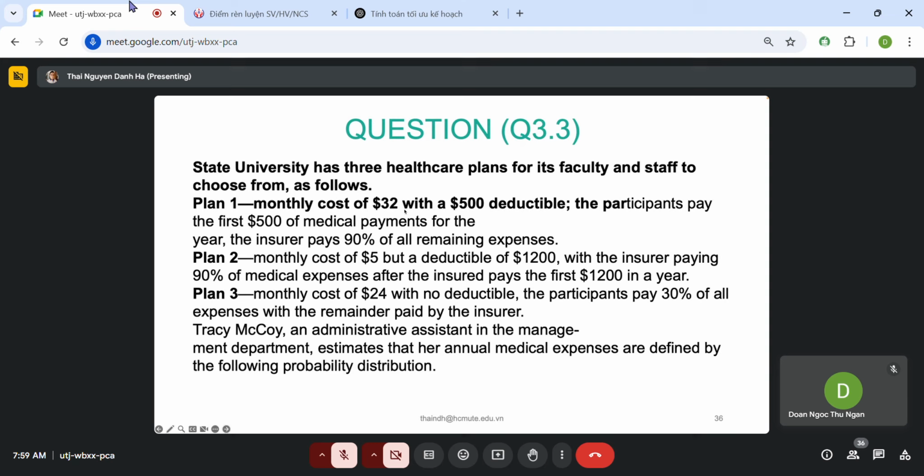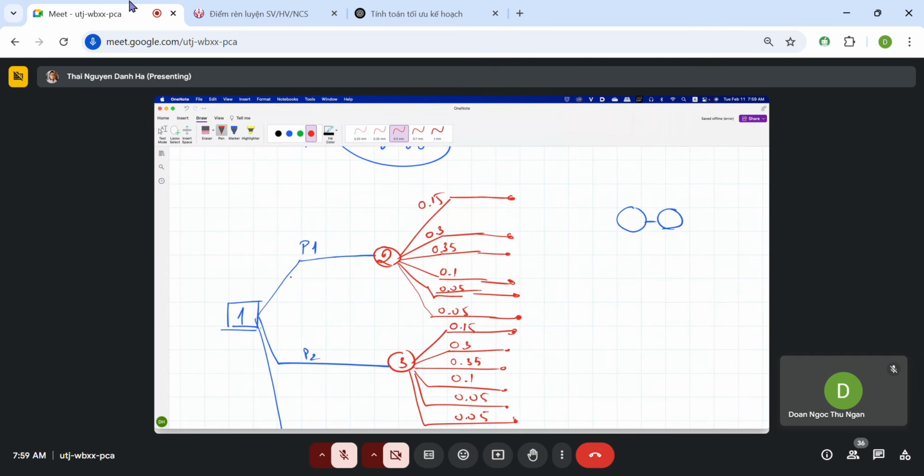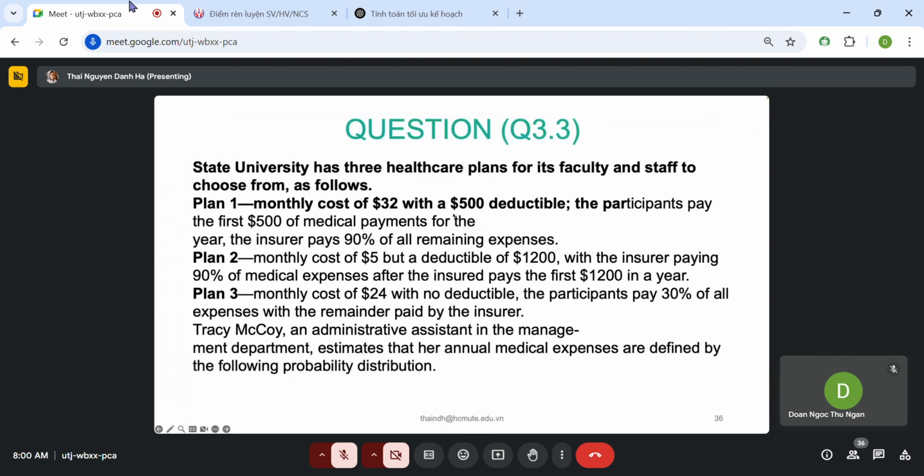So for plan number one, the cost is 32 multiplied by 12 months. Now we have the cost for a year. 32 multiplied by 12, the total fee we need to pay is 384 as a cost. And with a 500 deductible, the participant pays the first 500 of medical payment for the year.